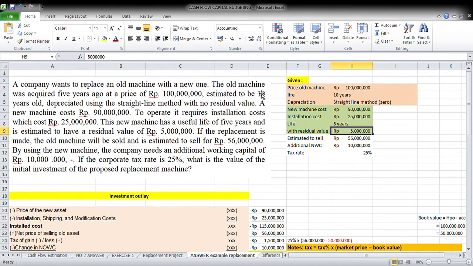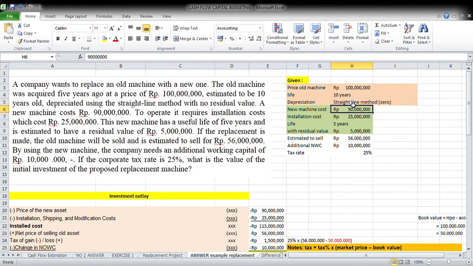In this question, the given is the price of the old machine, 100 million, and the life is 10 years, and the depreciation is straight line method. To be zero, it means that we don't have the residual value. Kita nggak punya nilai sisa, jadi nilai sisanya adalah 0.